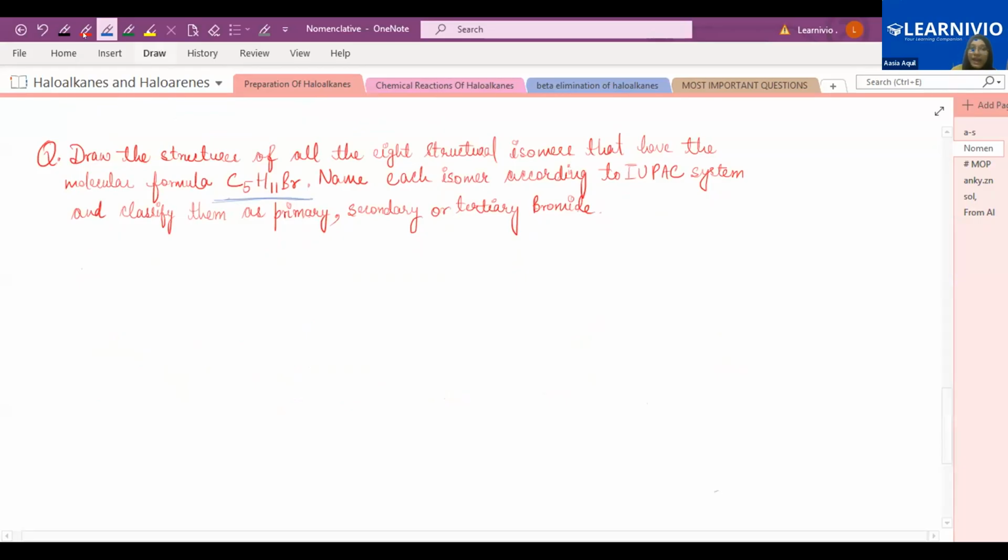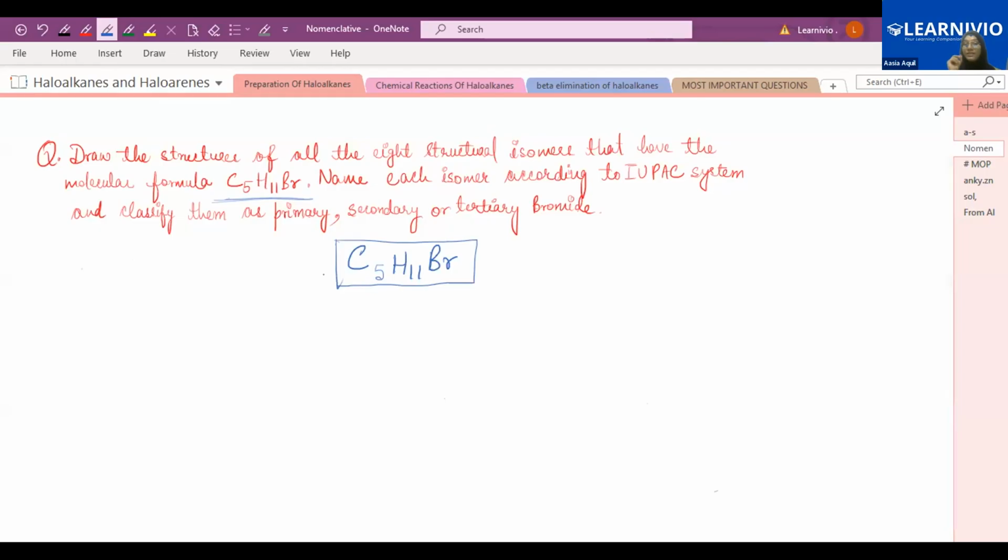Yeah, so we have to draw the structures of all the 8 isomers of molecular formula C5H11Br.